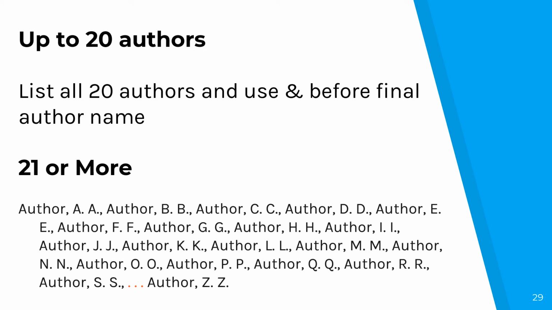For a work with 21 or more authors, include the first 19 authors' names, insert an ellipsis, but no ampersand, and then write the final author's name. You will only ever have 20 names listed for one work on your references page.